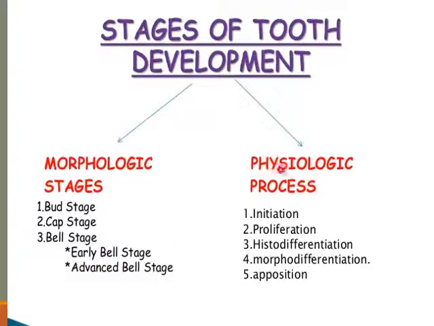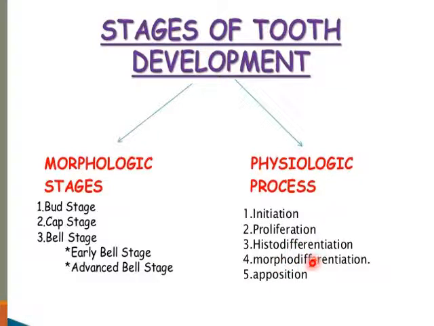The physiological processes include initiation, the beginning of the formation of the dental lamina. Proliferation occurs in the bud stage and cup stage through the formation of new cell layers and mitotic division. Histodifferentiation occurs in the bell stage when the cells mature and form a new cell layer, when the inner enamel epithelium forms ameloblasts, and cells of the dental papilla form the odontoblasts that form the dentine.